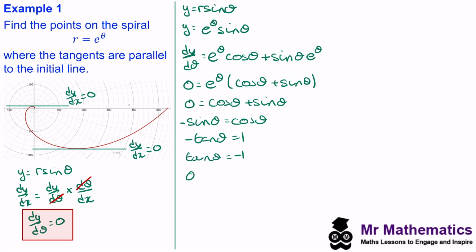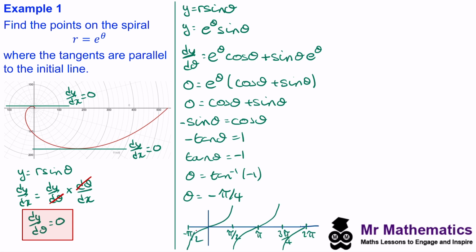We'll take the arctan of both. So theta is equal to the arctan of negative 1. And we get theta equals minus pi over 4. But if we think about this on a tan graph, this negative pi over 4 will give us exactly the same solution at this value, which is 3 pi over 4. And the next solution will be here at 7 pi over 4.